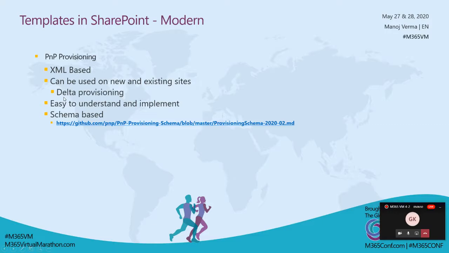A very interesting feature that is available to us is what I call Delta provisioning. What that means is you can create a template, and your template will not impact anything that is existing in your site already. It's just going to create only the items that don't exist in the site and are available in the template.